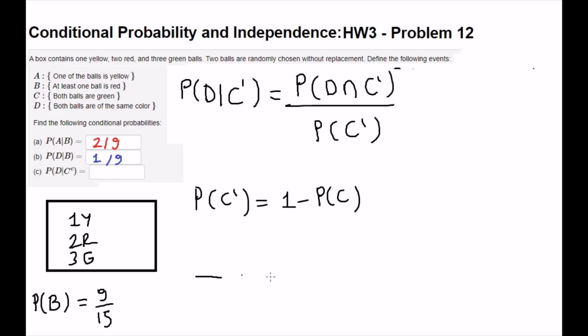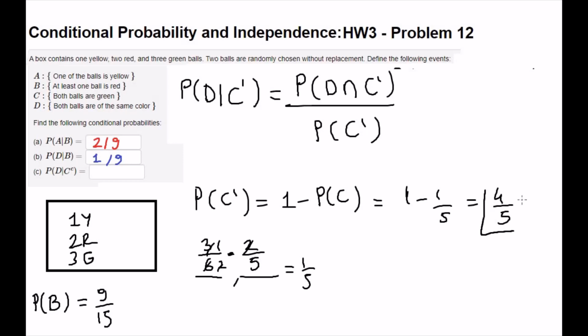So to get both balls green, we need to pick 3 out of 6 for the first, times 2 out of 5. This is going to be 1/5. So 1 minus 1/5 will be C0, which is going to be 4 over 5.